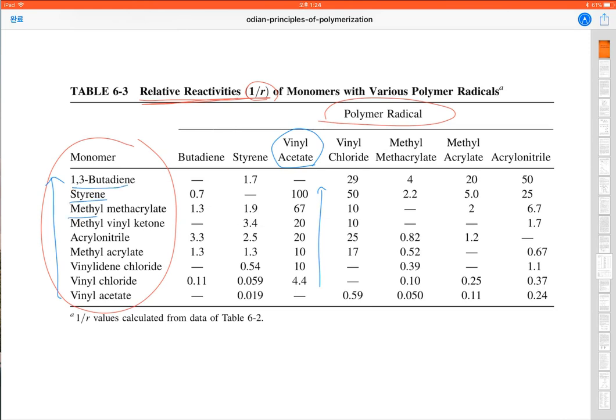What I mean is the order is different between column and row. This is 1,3-butadiene, styrene, MMA, something like this. But here it's different, right? 1,3-butadiene, styrene, methyl methacrylate here is here, right? And acrylonitrile, etc.